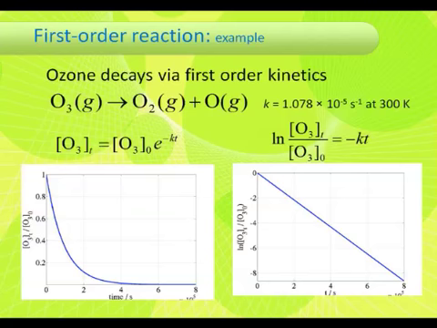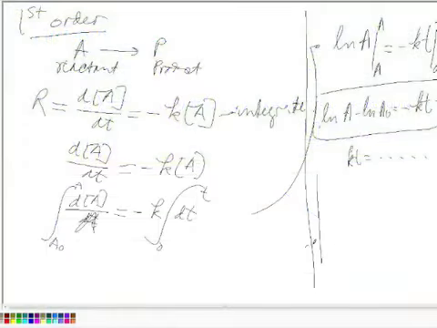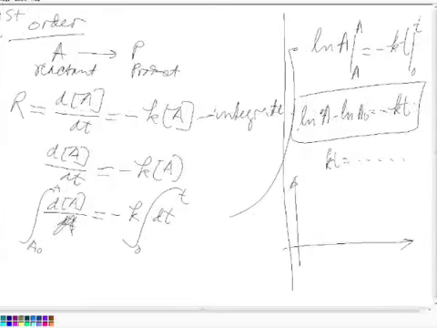Or I can show you in my whiteboard. Rearranging, ln A is equal to ln A0 minus kt.